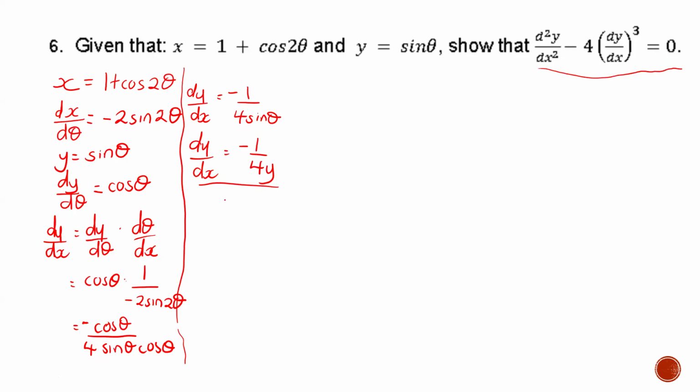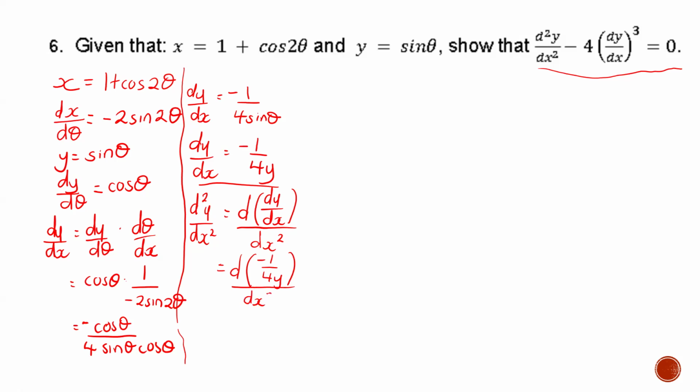So now we are going to get the second derivative of this expression here. And from what we learned, d squared y/dx squared is equal to d/dx of dy/dx. We agree with that, right? Now, we're trying to get the derivative of negative 1 out of 4y.